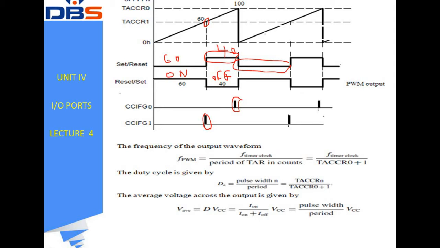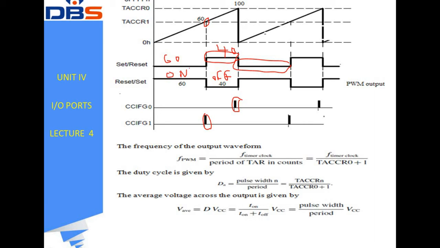So what is the timer clock? The timer clock frequency is the clock counting to the counter, that is, the frequency of the clocks given to the 16-bit counter here.